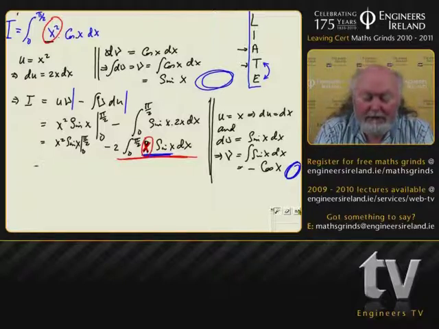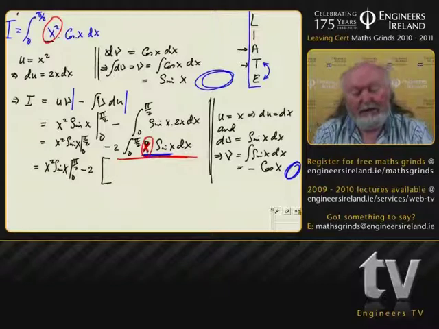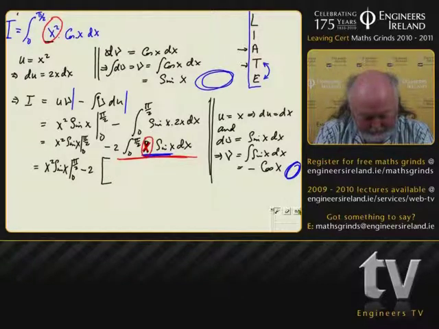So I can say all of this is equal to x squared sine x from 0 to pi over 2 minus 2 outside of, and now I'm going to play with the bits for this inside one.